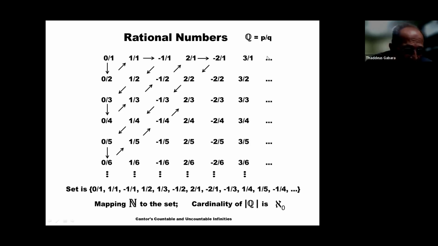This way I get all the positive and all the negative numbers. On this row, I divide everything by 1. Now, the next row, I use the same numbers, 0, 1, -1, 2, -2, 3, but this time I divide them by 2. The next row, I divide by 3. The next row, I divide by 4, and so on to infinity. And so now I have this matrix.